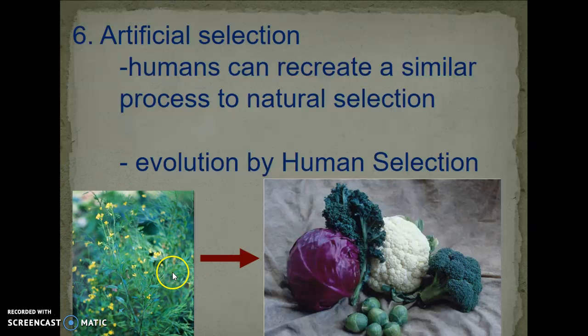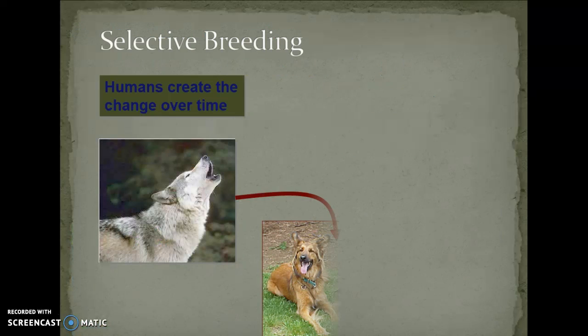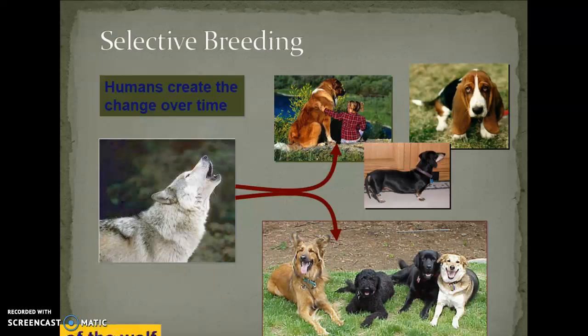Like we talked about when we were in the genetic engineering unit, this is wild mustard seed. We have selectively bred wild mustard seed to form several different types of vegetables of the cabbage family. So rather than nature selecting, humans have selected. We can artificially select organisms to create change over time.